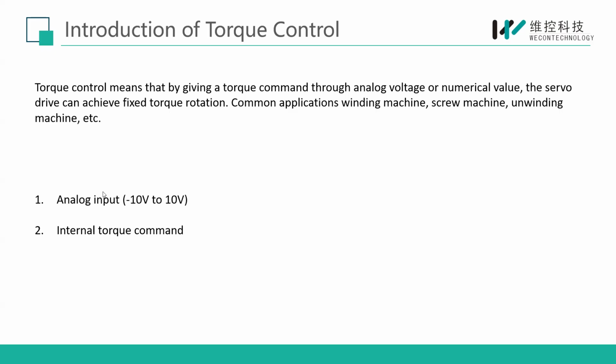Here we have two ways to set the torque of our motor, and you can see these two are similar to the speed mode. The first way is to use analog inputs to set the torque. The second way is to use an internal torque command.